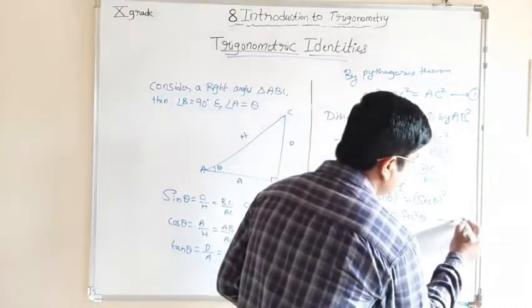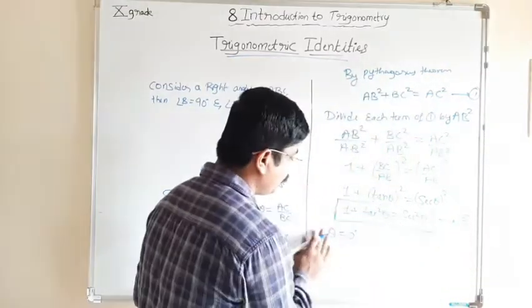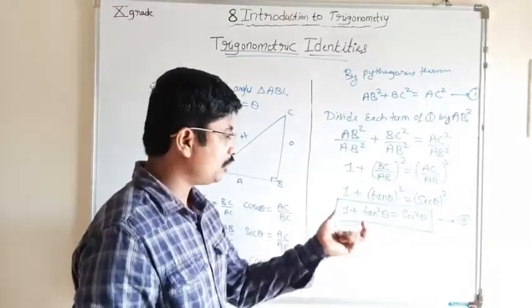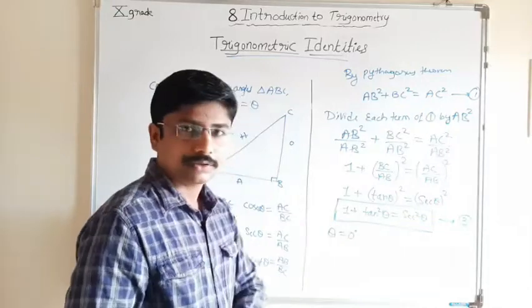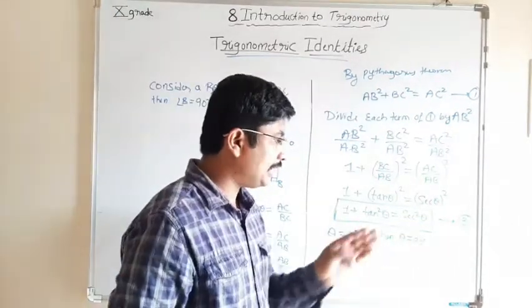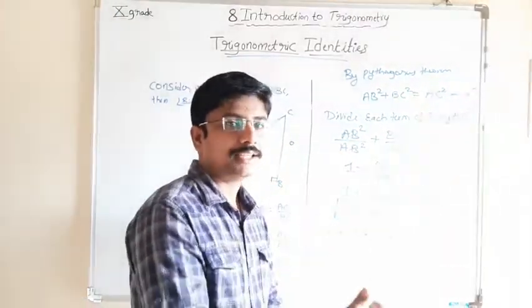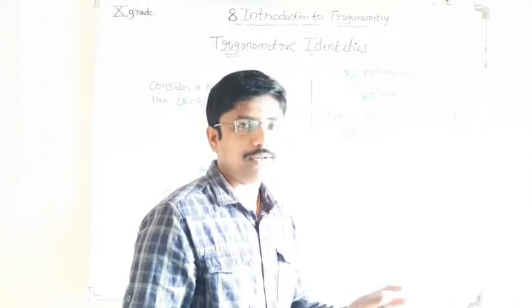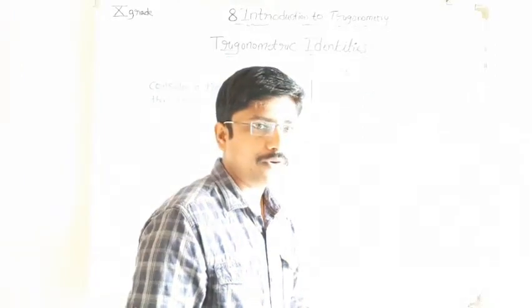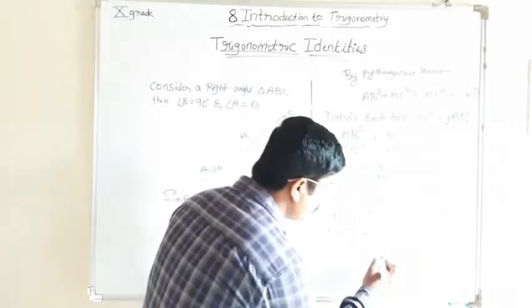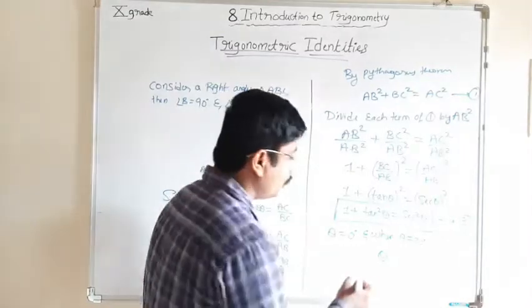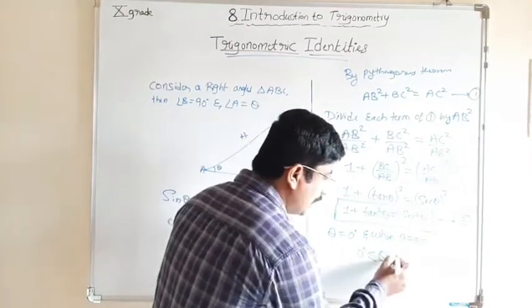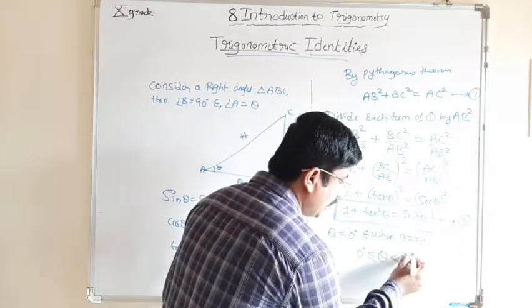Call it as 3. Is it true for theta is equals to 0 degree? You can substitute 0 degree and solve. Here, when theta is equals to 90 degree, tan and sec theta are not defined. Therefore it is true for all the values of theta, where theta is greater than or equals to 0 degree and less than 90 degree.